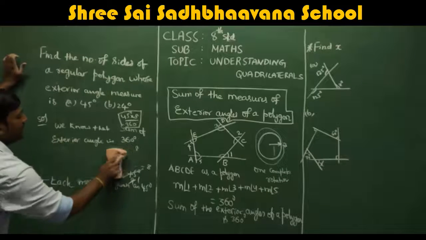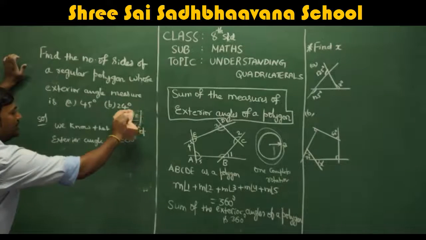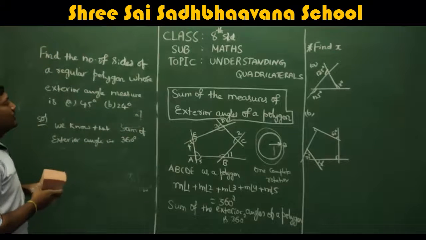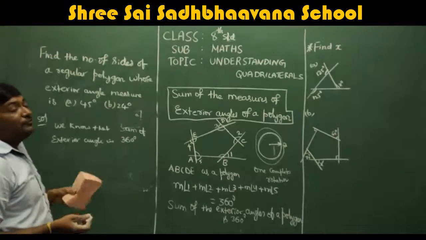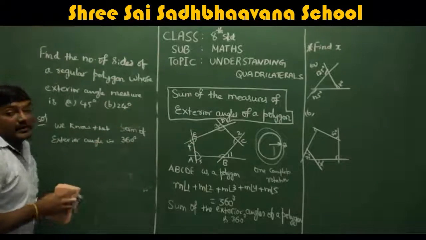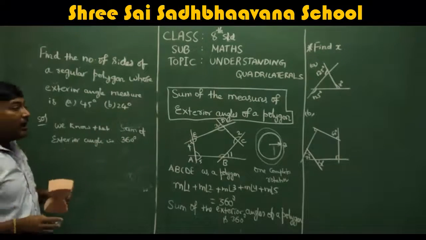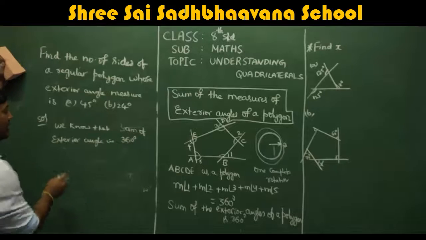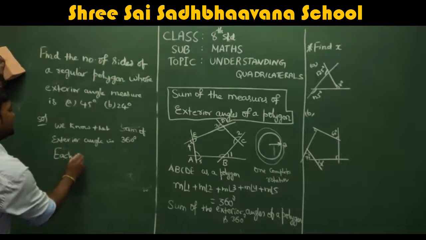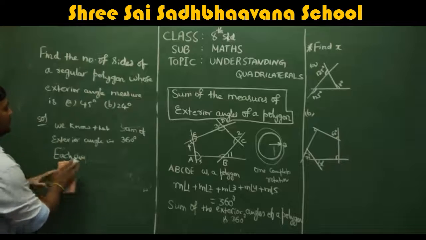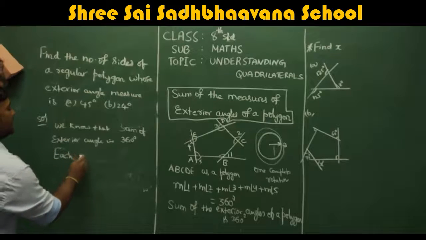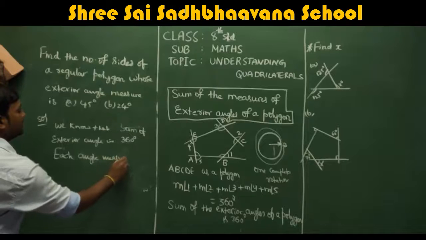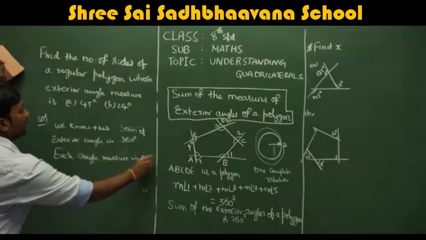Next sum, if you see the same thing: find the number of sides of a regular polygon whose exterior angle is measured as 24 degrees. So 24 they are telling. We know that the sum of exterior angles is 360, and each angle measure is 24 degrees.